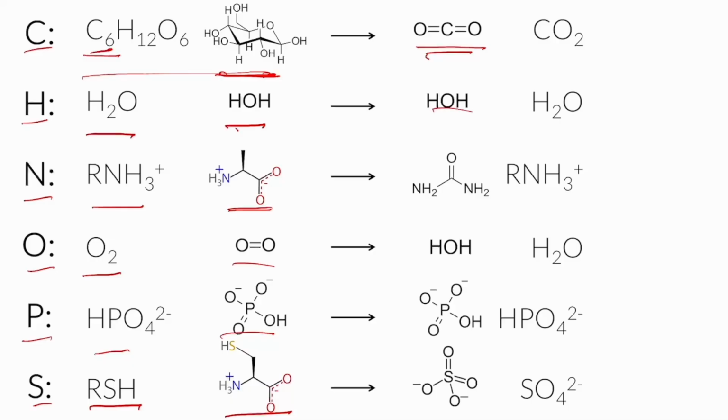An amino acid is going to get turned into urea. Molecular oxygen is going to turn into, say, water. Phosphate stays phosphate. And then something like a sulfide on a cysteine is going to turn into a sulfate. And you're like, okay, wow, that was a big table. How does that help us understand nitrogen chemistry?